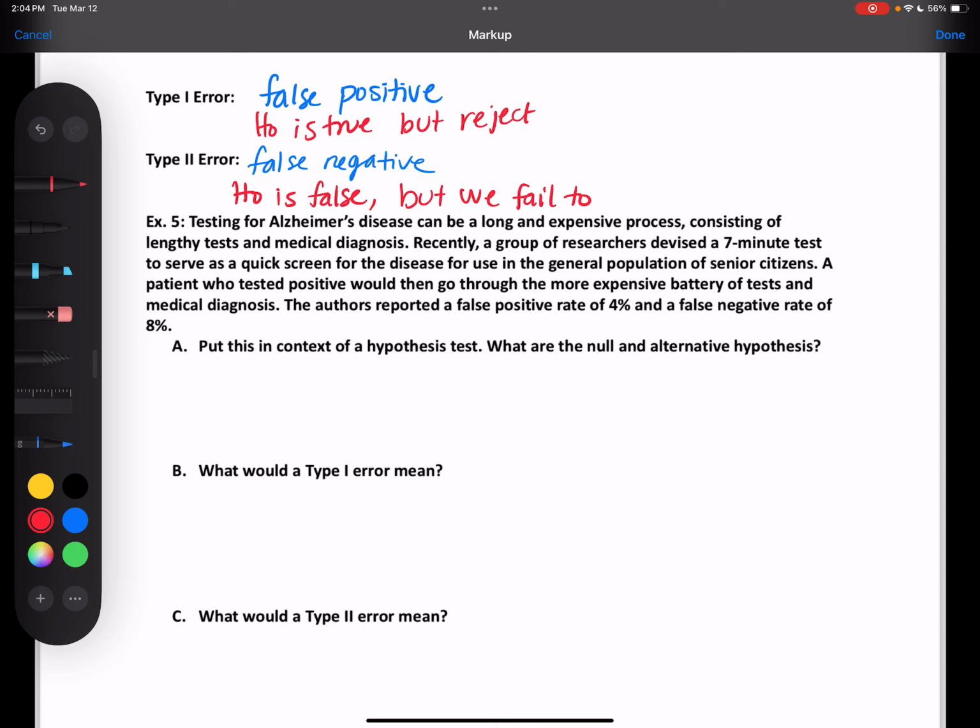Okay, what was the example for that one? You have cancer, but they don't diagnose you. R.I.P. At least you won't be living in fear.